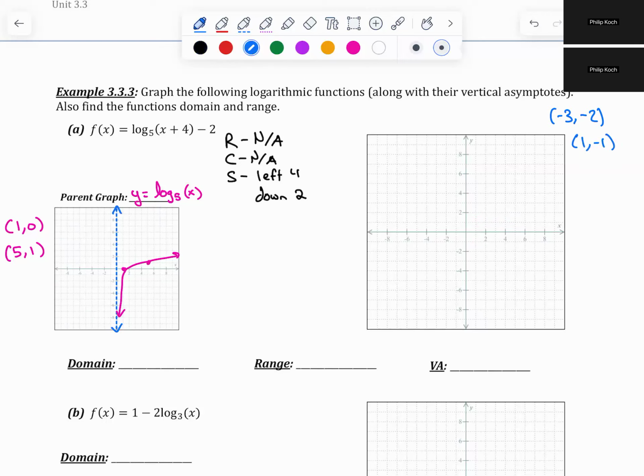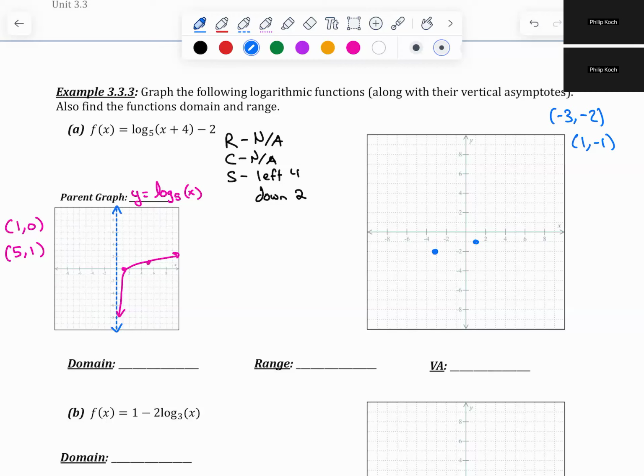Now that we've got those points, we'll plot them: (-3, -2) and (1, -1). But the question is, where is the vertical asymptote? Notice that we didn't stretch this graph at all, vertically or horizontally.